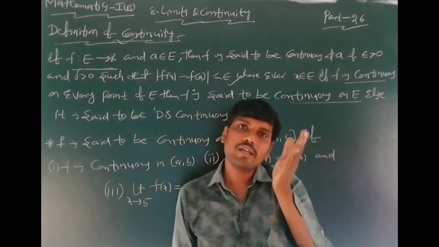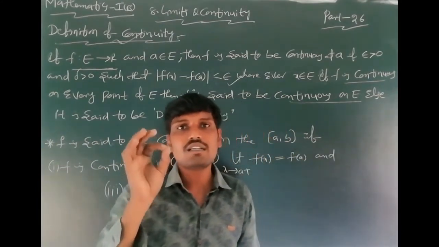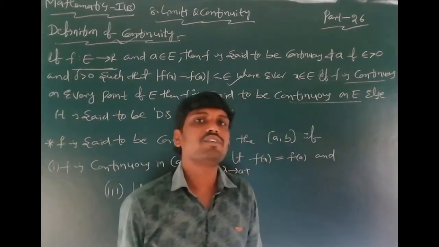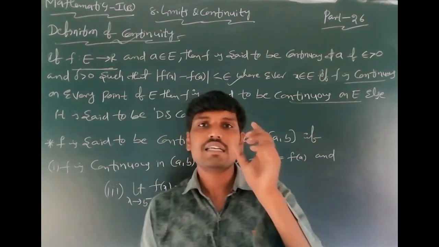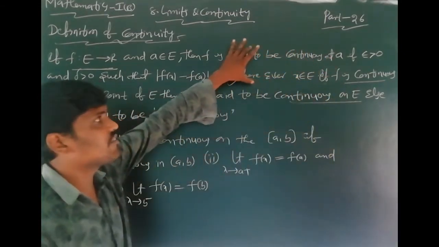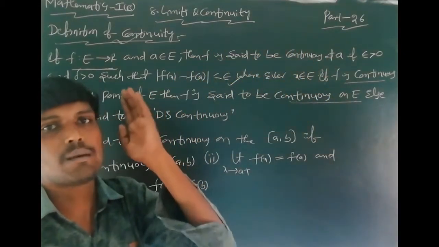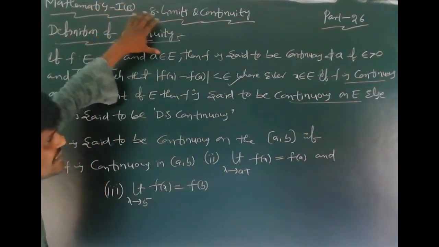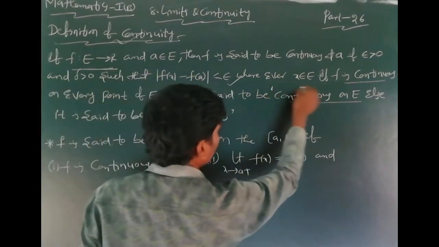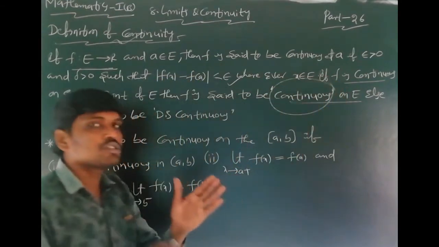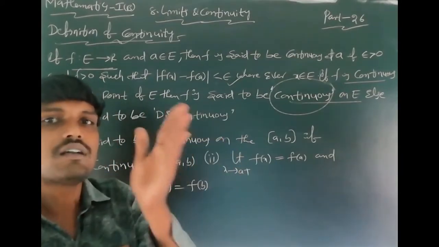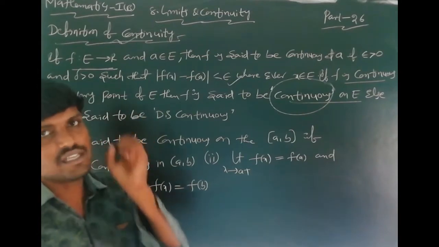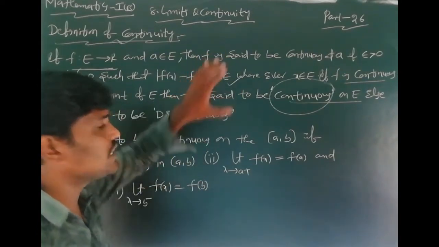If the function is not continuous at every point of E, that function is called a discontinuous function. This is the definition of continuous and discontinuous. Okay, next, this total is a definition.